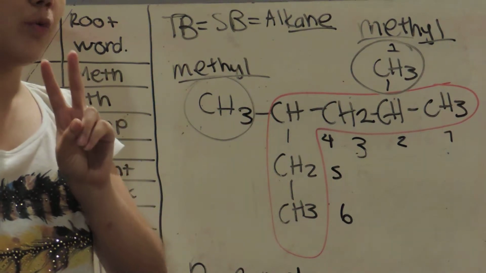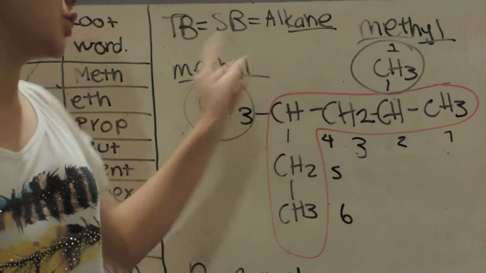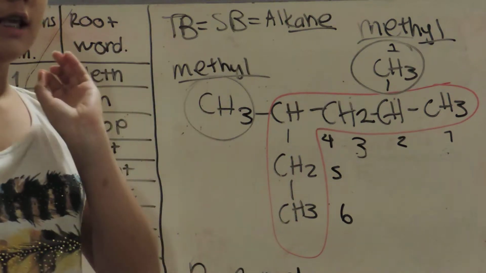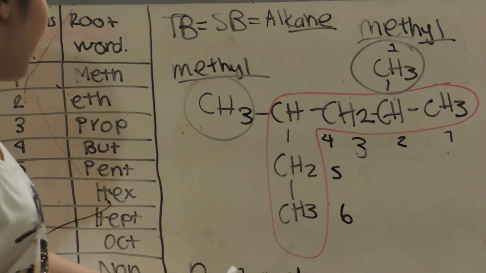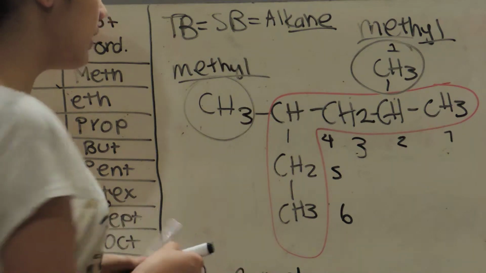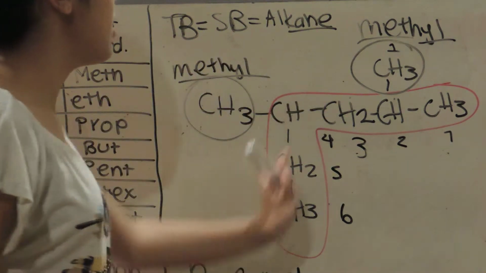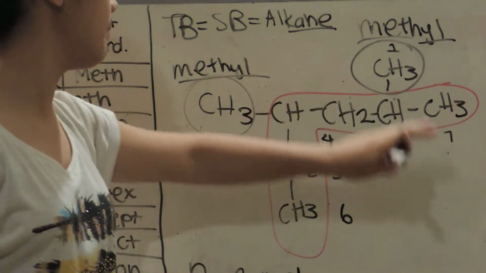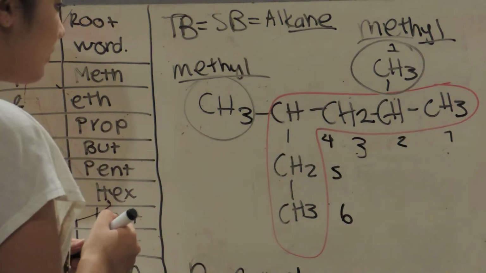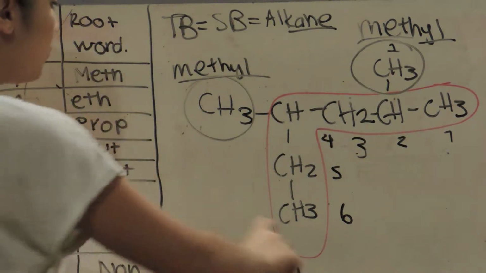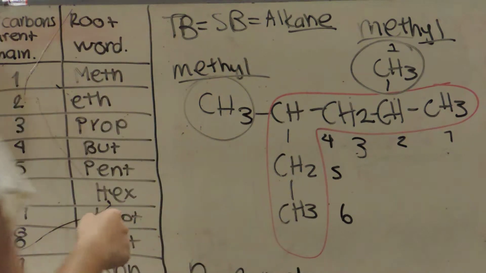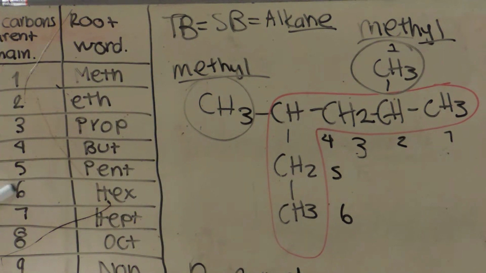Dimethyl means that we have 2 methyls in the structure, and the numbers give a specific location. So we have 2, 4 dimethyl, and the name of the parent chain. That is, we have 6 carbons, number of carbons in the parent chain, 6.